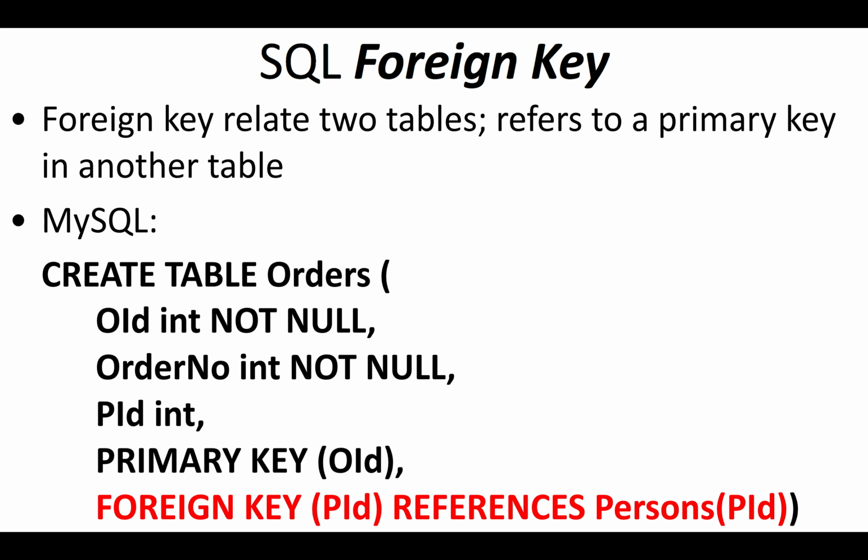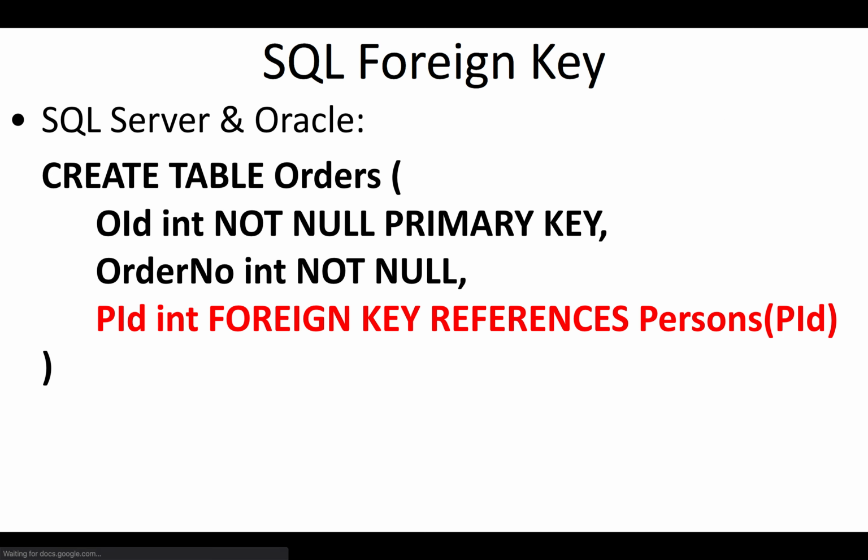So we're referring to that field. And again, this is enforced using the relational integrity constraint. Now notice that the foreign key can repeat. So the foreign key does not add the unique constraint on it. You can have many orders pointing to the same person, which is totally fine. In SQL Server it is slightly different.